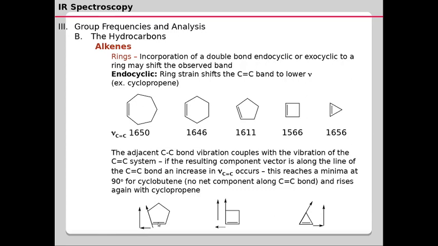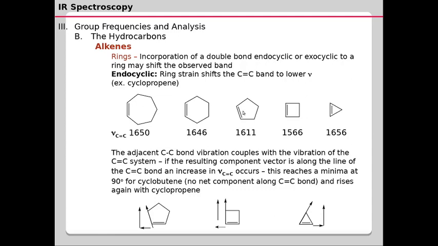Whereas the vibrational mode of the carbon-carbon double bond and this other vibrational mode of the carbon-carbon single bond may couple to some extent, because the angle between the carbon-carbon double bond and the carbon-carbon single bond is greater than 90 degrees, almost close to 120 degrees.